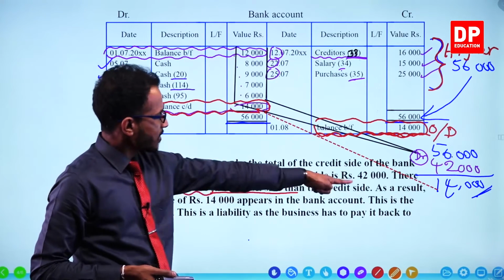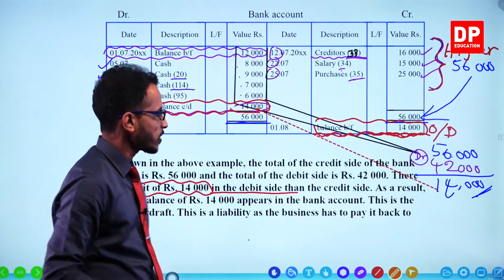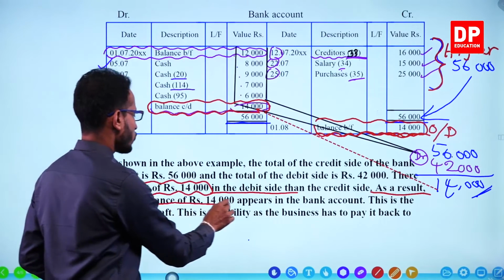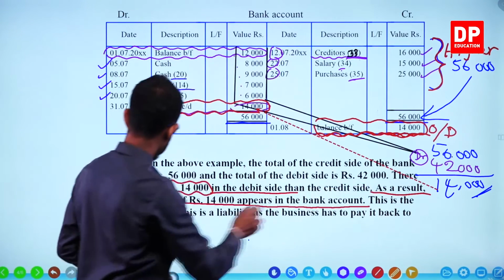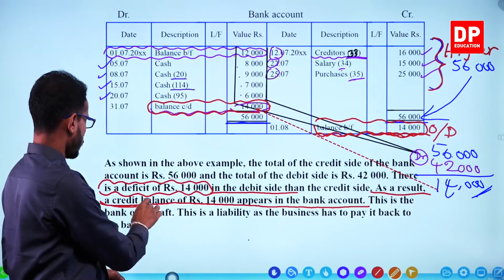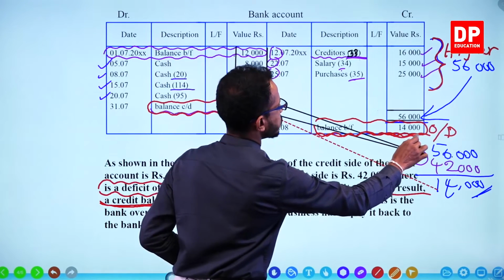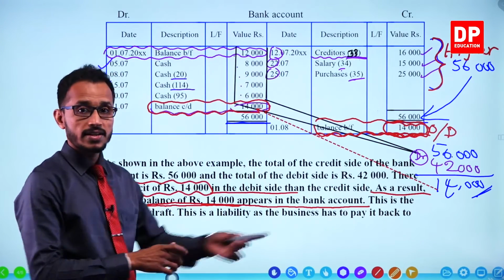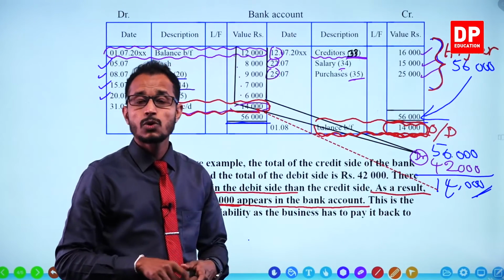As a result, a credit balance of 14,000 appears in the bank account. Credit balance. That is what we have shown here. When the balance brought forward is in the credit side, it is called a credit balance.